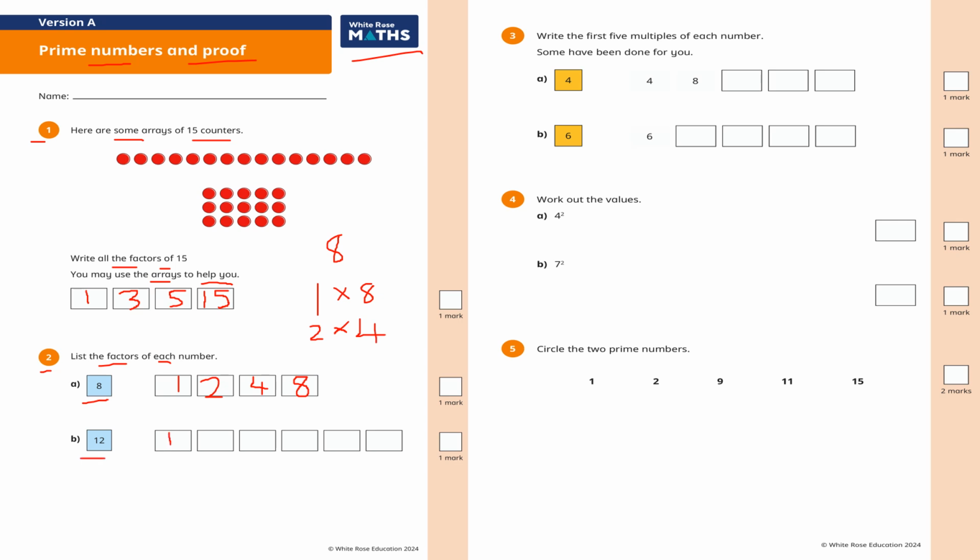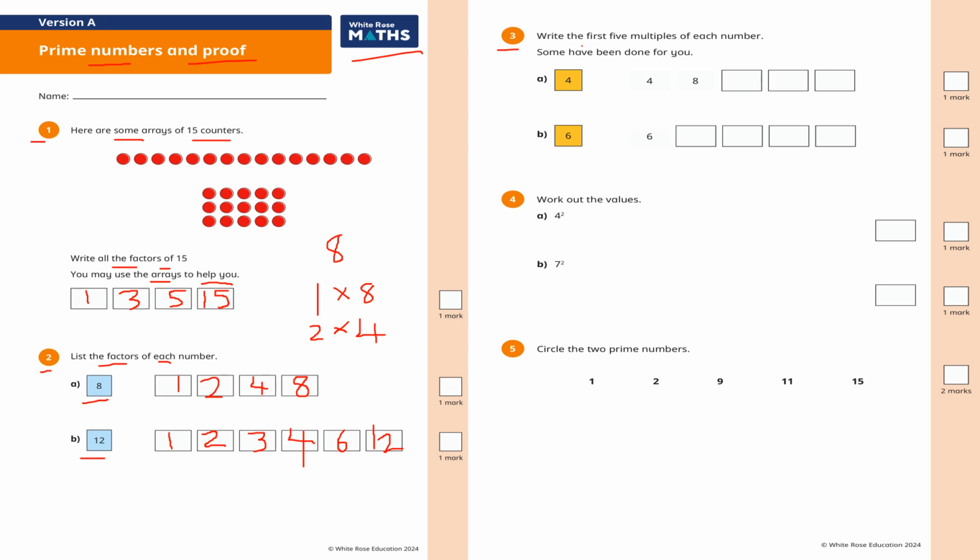Again, we're going to have 1 times 12 makes 12. We're going to have 2 times 6 makes 12, and then 3 times 4 makes 12. So the word factor in maths means a number that goes into that number cleanly with no remainder. That's the key. It cannot have a remainder. If it has a remainder, then it's no longer a factor.